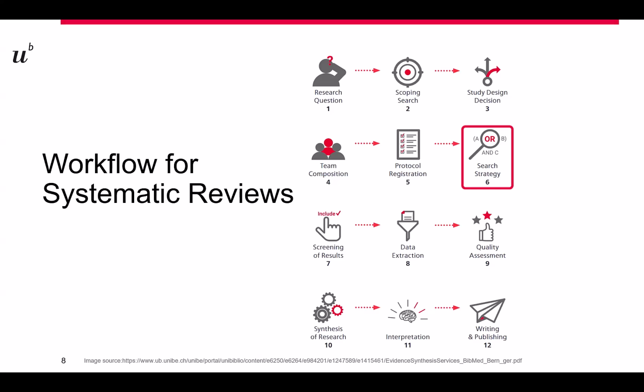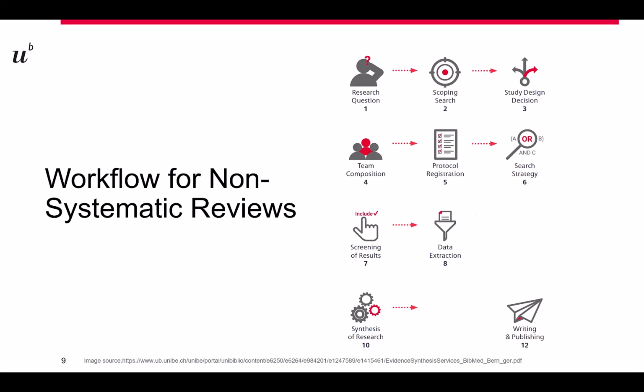You have to go for the screening of all the results that you are getting, and the screening is composed of very different moments in the screening process. You have to go to the data extraction, and important, you have to go to quality assessment. That's very characteristic of systematic reviews. After that, you can synthesize, interpret, and publish your systematic review.